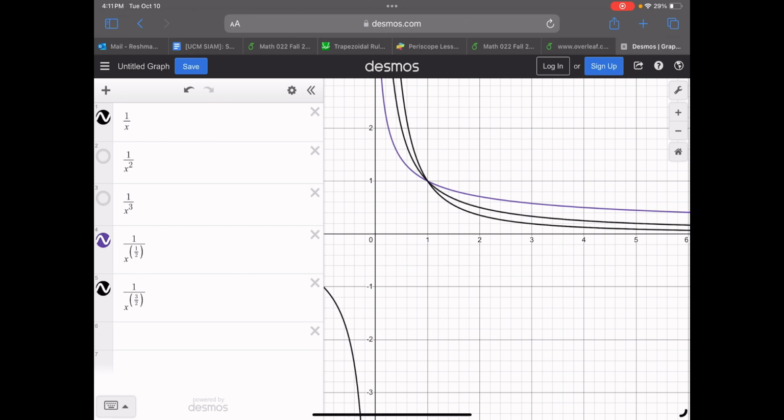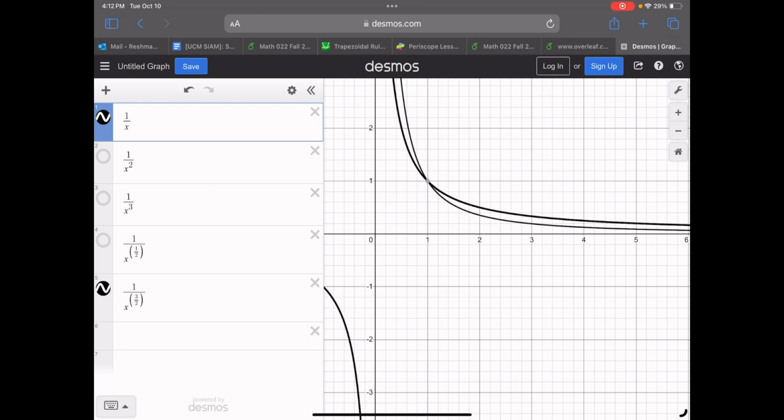Something else that I want to try is, let's look at the graph of 1 over x to the 3 halves. This is really interesting. Let's take this off. So I have 1 over x, and when I put x to the 3 halves, I actually see it is a little bit smaller. So this is interesting, right? Because 1 over x, we know, diverges.